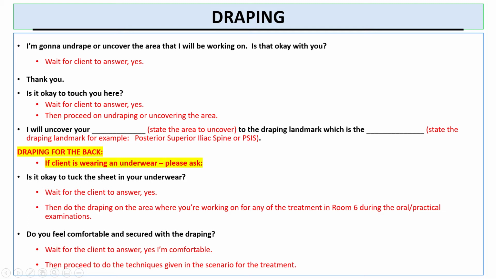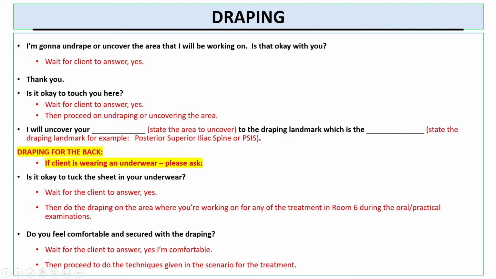Guys, please note, for the draping to treat the back, the PSIS, posterior superior iliac spine of the client, and the draping on the greater trochanter or the draping up to the iliac crest to treat one of the muscles in the buttocks. You need to ask, if the client is wearing underwear, say, is it okay to tuck the sheet in your underwear? Wait for the client to answer, yes.